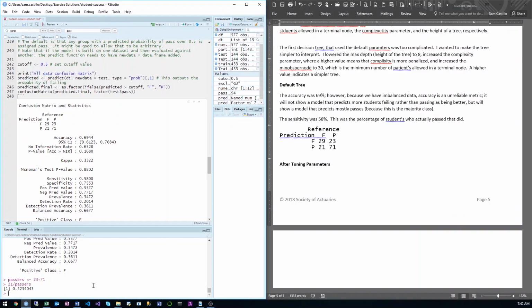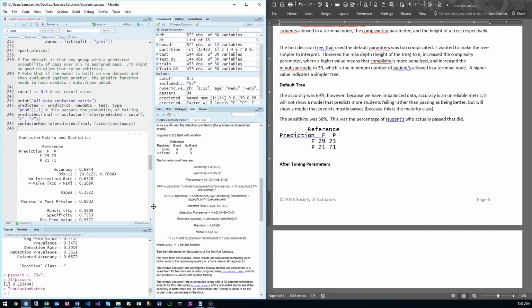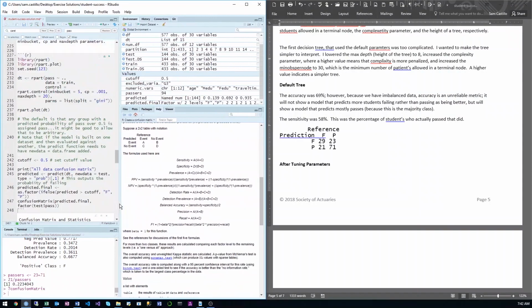If you take, and I just typed in question mark confusion matrix, and it brought up all of these useful formulas. So if you have a matrix like this, so this is predicted reference. So sensitivity is A over A plus C. So that's in that case, the number of failures over the total failures.